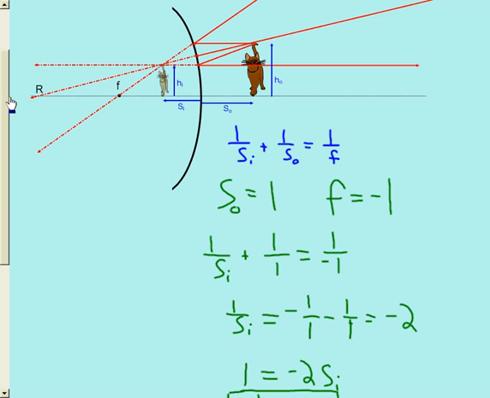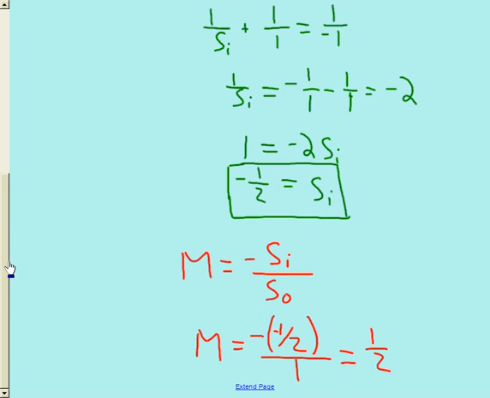So, very important idea here. This is the big one for today. These two equations that we used, the 1 over SI, 1 over SO, and the magnification equation, can confirm what you draw in your image diagram. All right? So, if we had gotten a magnification, for example, that was negative, that would tell us the image was inverted.